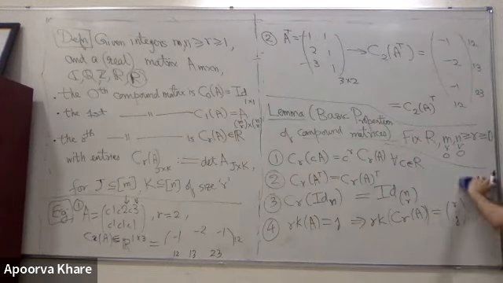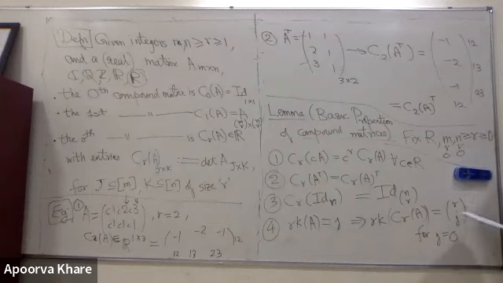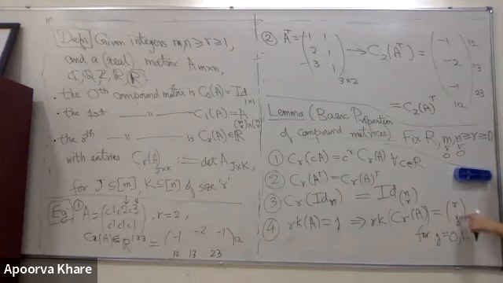You can prove easily that this is at least clearly true for J equals 0, also for J equals 1, and for J bigger than or equal to R. For J equals R this is clear, and for J bigger than R, it's 0. All we are saying is the matrix is singular.